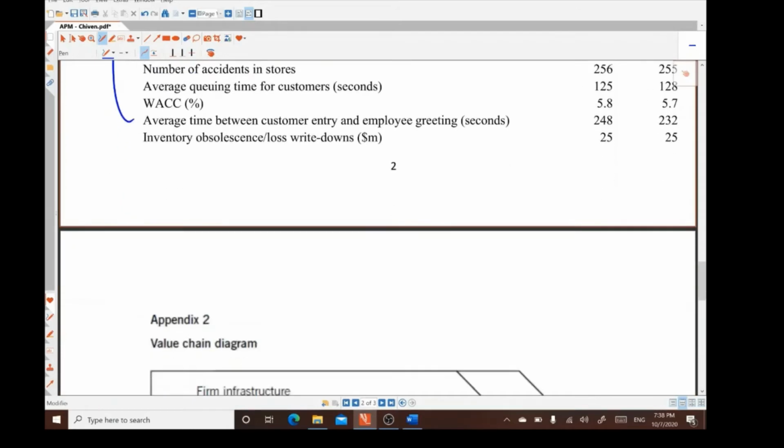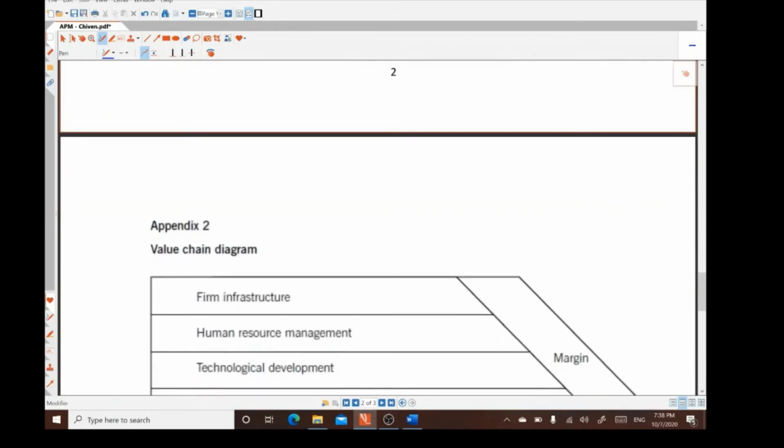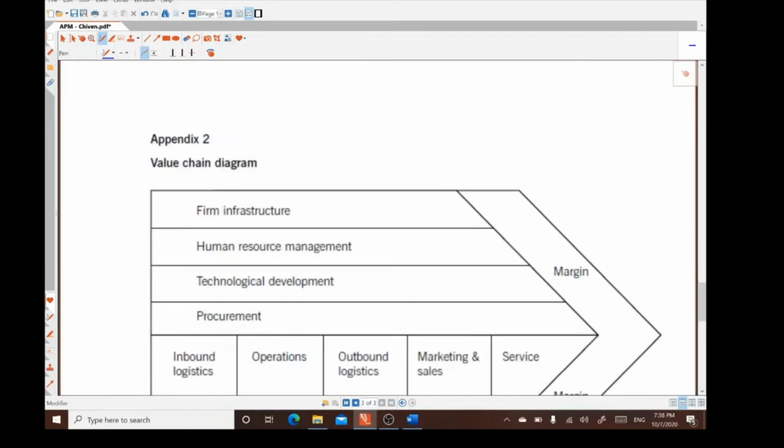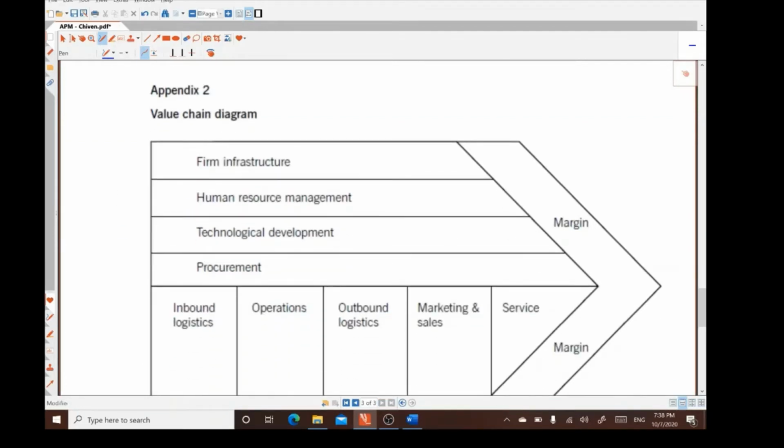Now, moving on. We also get to see class, there will be the appendix number 2. It shows us that this appendix 2 is the one with the value chain. Later, we're going to spend some time looking at what this value chain is as part of the business integration and how it actually creates value for the business and the customers.